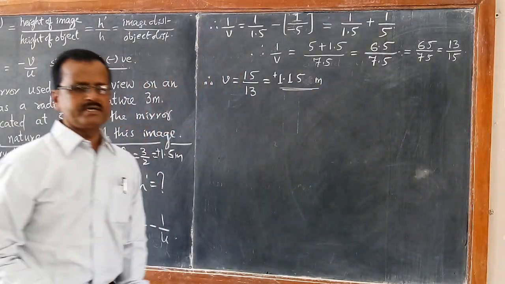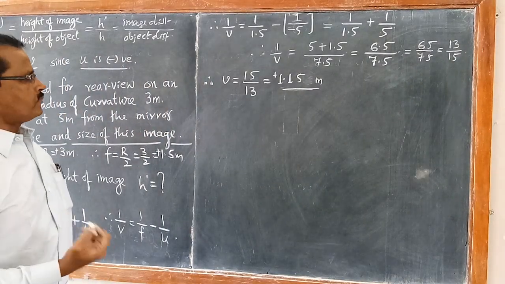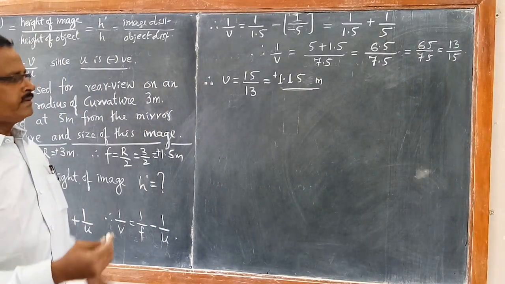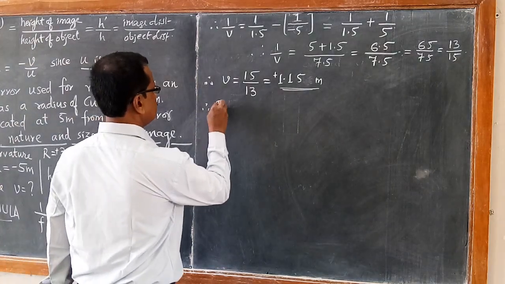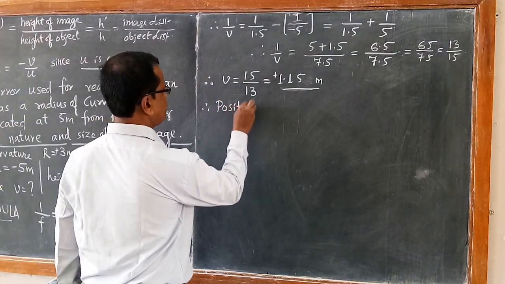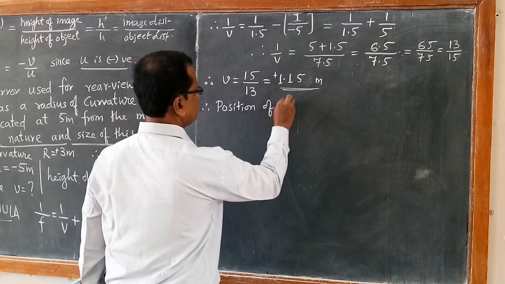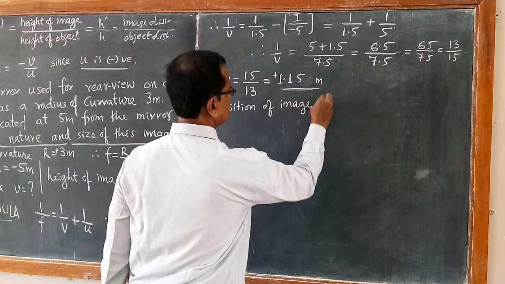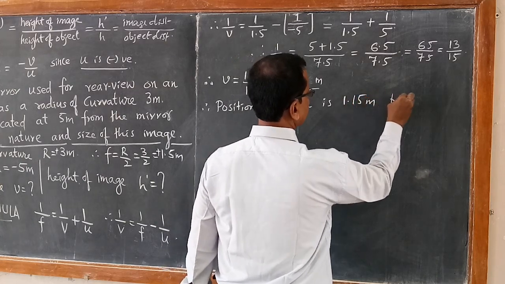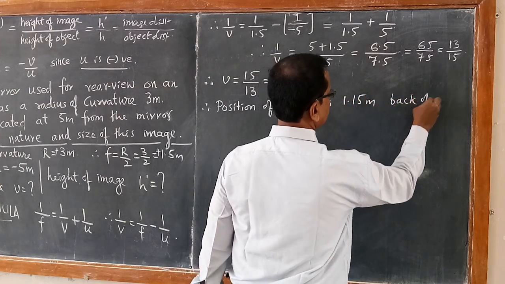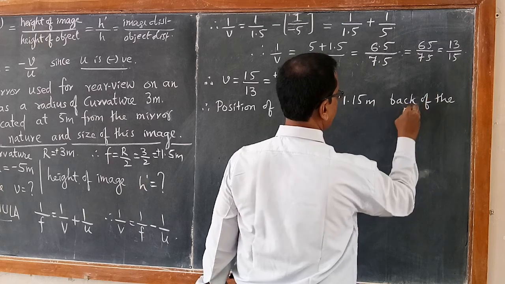It means the position of the image is 1.15 meter behind the mirror. Therefore, the position of the image is 1.15 meter behind the mirror.